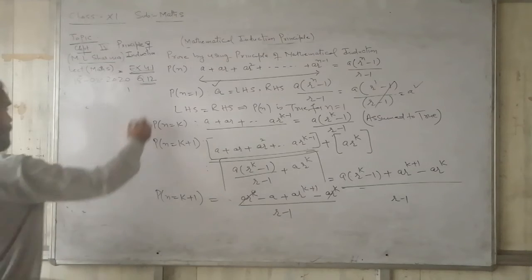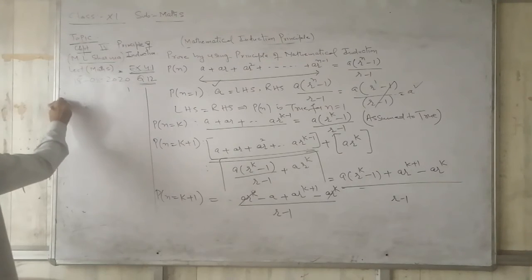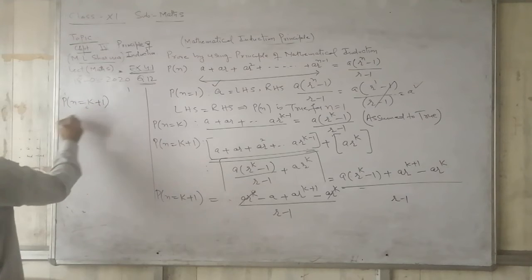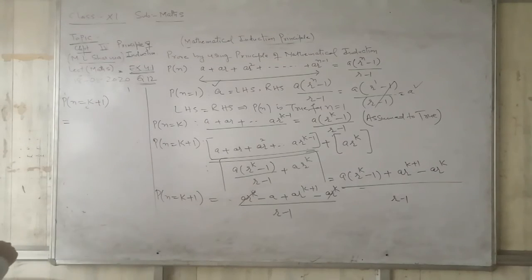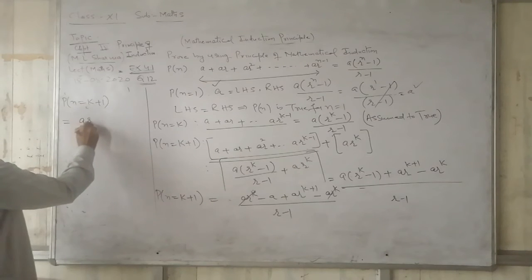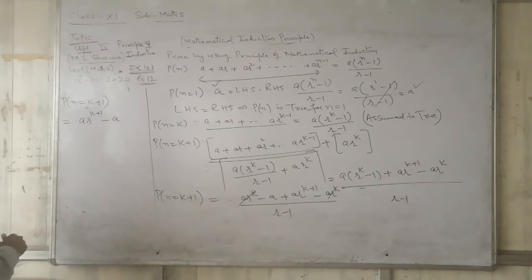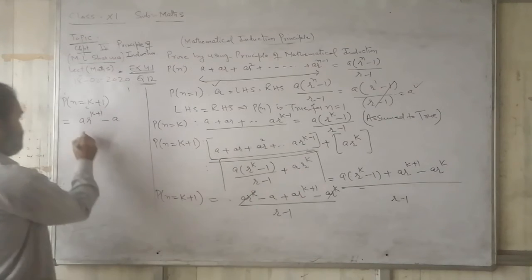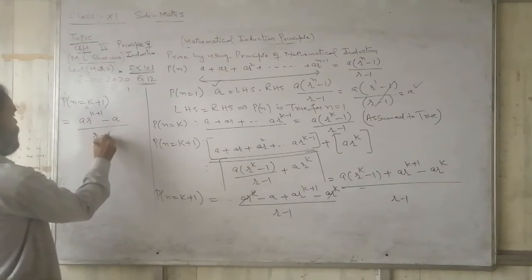So finally, P of n equal to k plus 1 equals to, if this is positive term, only two terms are left, and I can write the a afterwards upon r minus 1.